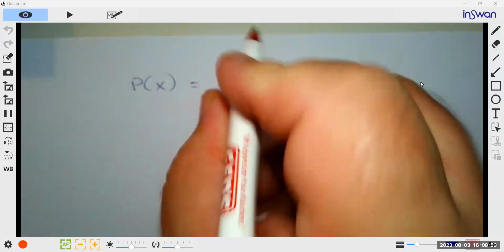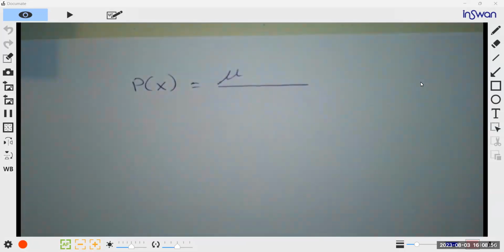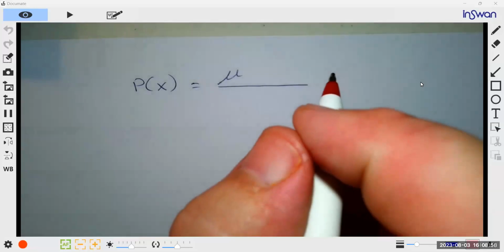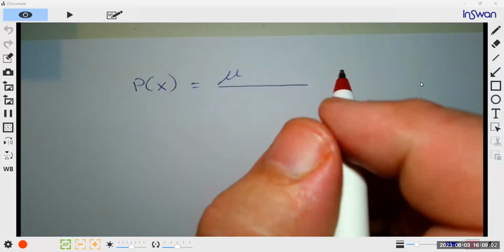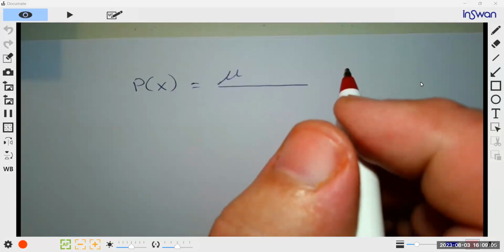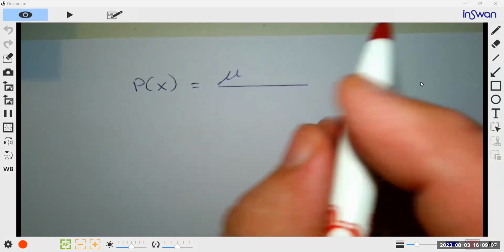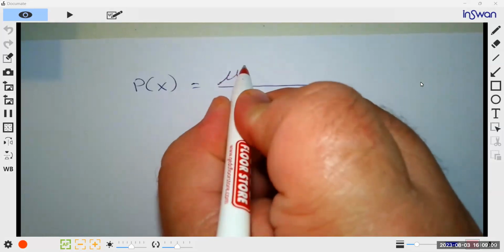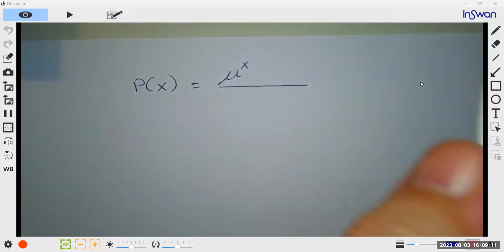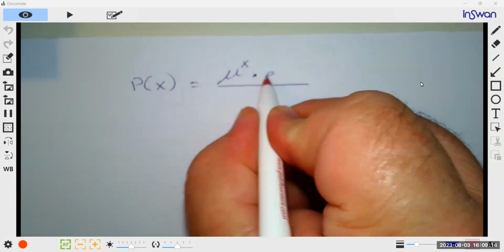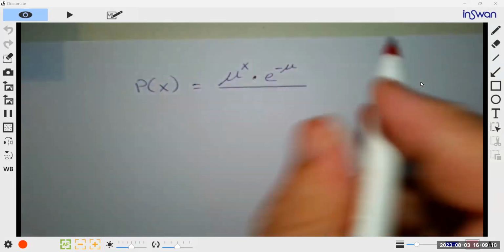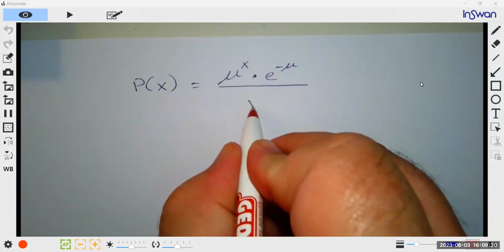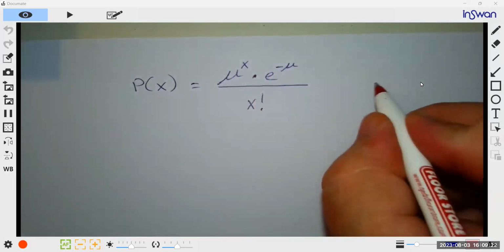The probability of x is equal to, remember, it's discrete, so it deals with a population, not a sample, so a parameter, not a statistic. Mu is the mean number of times that event occurs. P of x equals mu to the power x, times e to the power negative mu, all over x factorial.